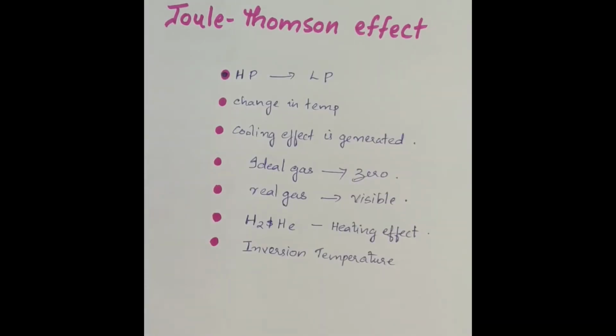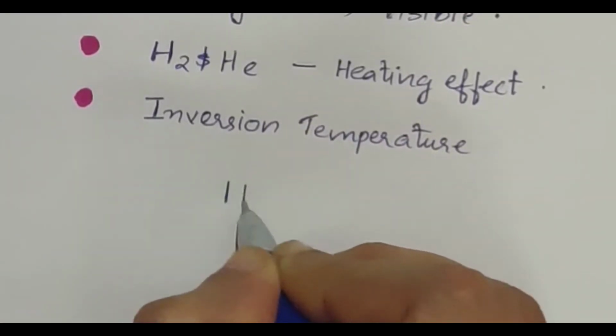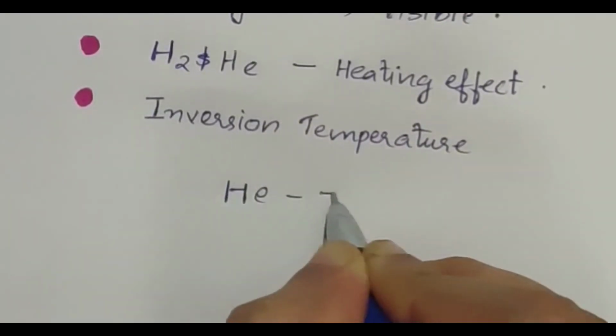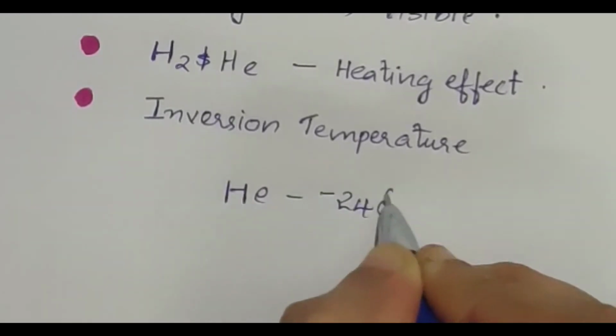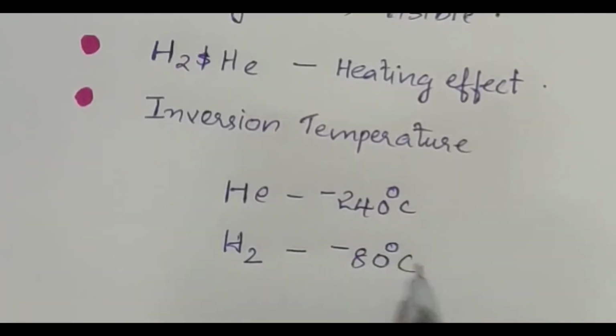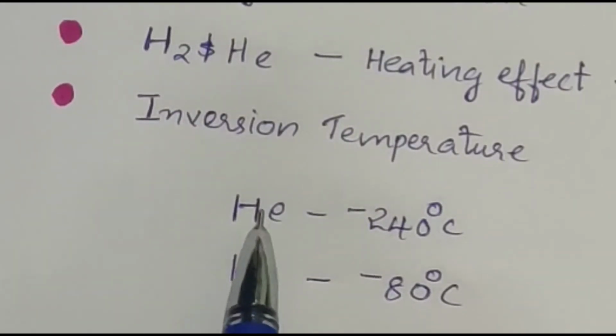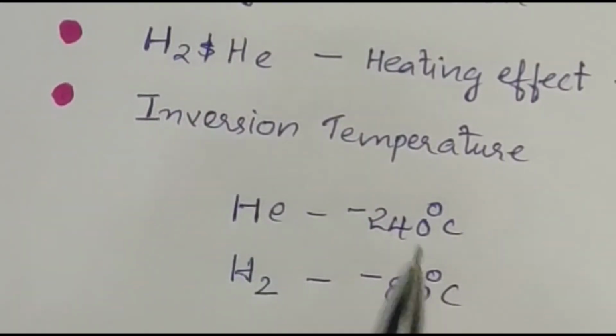Hence, if cooled initially to below their inversion temperature, hydrogen and helium would also get cooled. That is, the inversion temperature of helium is minus 240 degrees Celsius, and for hydrogen minus 80 degrees Celsius.